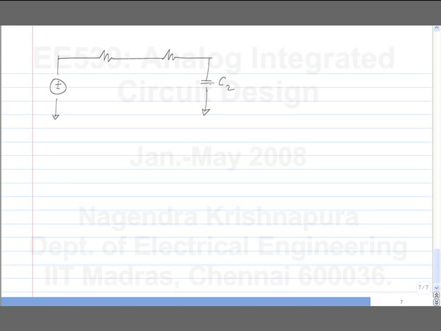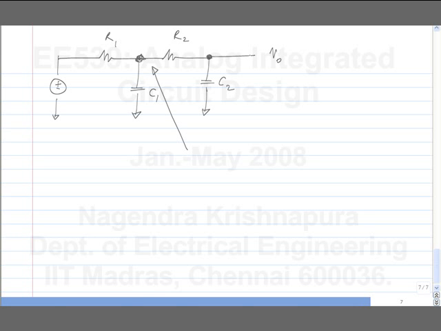An easy way to evaluate this ladder transfer function is to go backwards. This is V naught. Is there an easy way to find that out? It's a low pass filter from here to here, right? So this times 1 over SC2R2 is V naught.